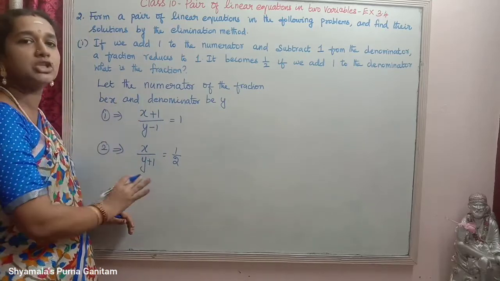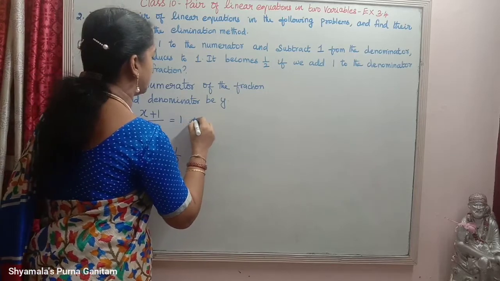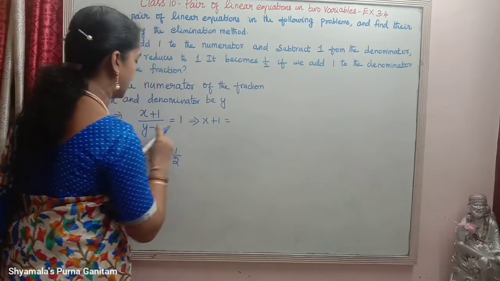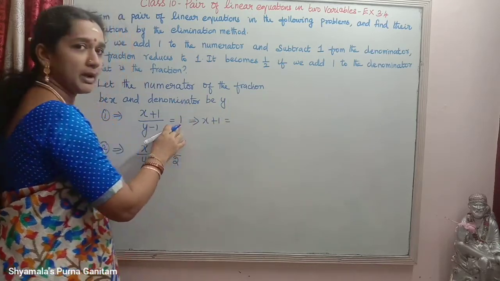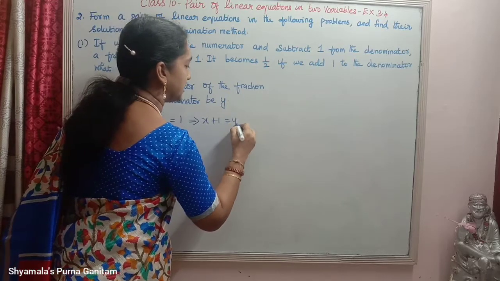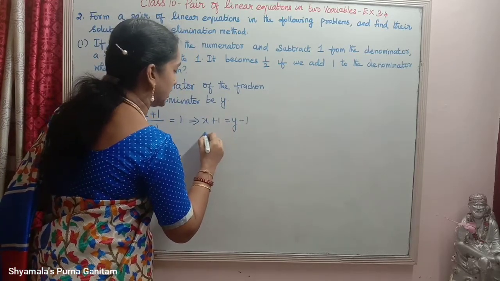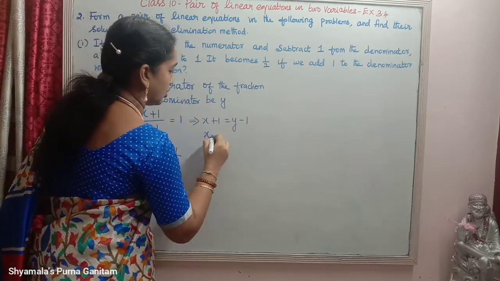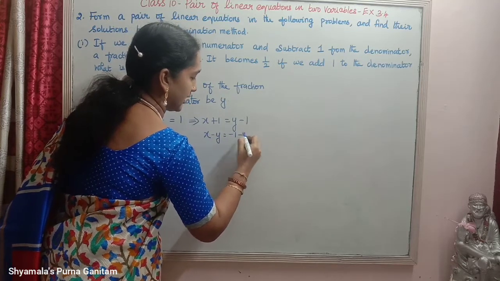So this has to be solved using elimination method. So the first equation, if we simplify it, we will get x plus 1 is equal to y minus 1. When we are multiplying it by 1, it will be y minus 1. Then for making it as an equation, I will bring this y to this side. So it will be x minus y is equal to minus 1 minus 1.